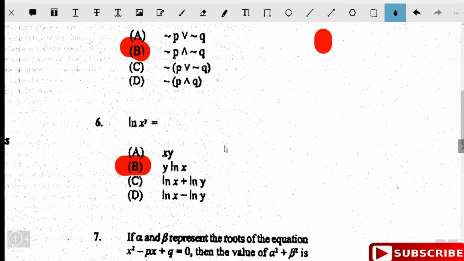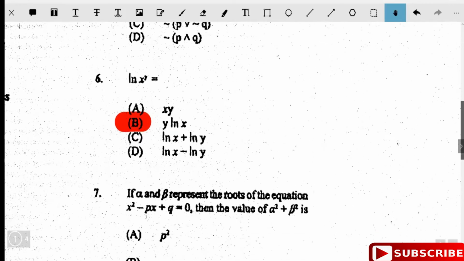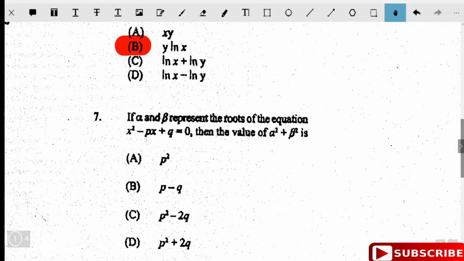So that's question 6b, as in bat. Question 7 says, if alpha and beta represent the roots of the equation x squared minus px plus q equals 0, what is the value of alpha squared plus beta squared?